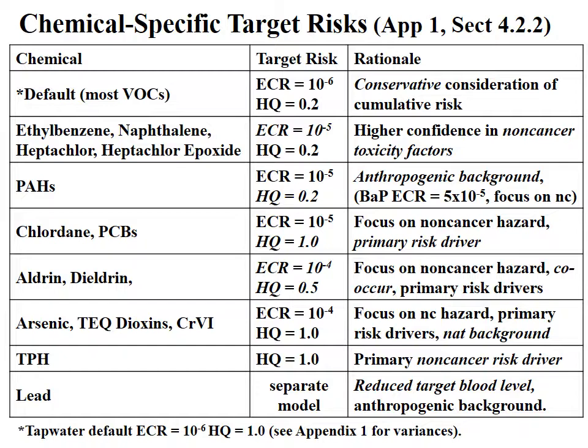So for the carcinogenic PAHs, we back off again to a target excess cancer risk of 1 in 100,000 to develop more usable action levels. In the case of benzo(a)pyrene, EPA just published some documents on non-cancer based studies, which have a much higher level of confidence than we do in the cancer-based studies for benzo(a)pyrene. So we focus on that.